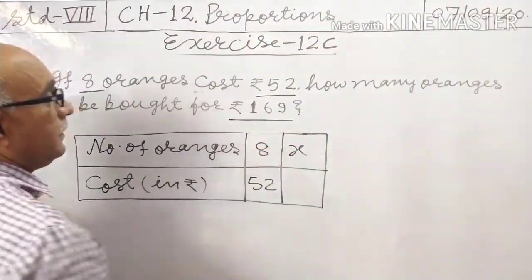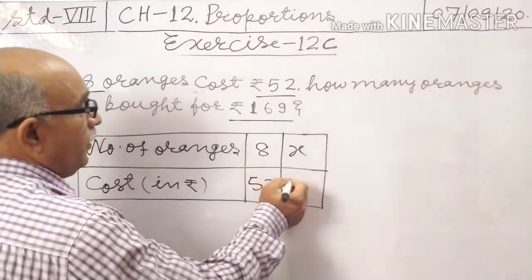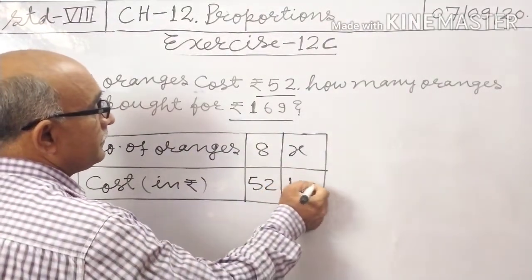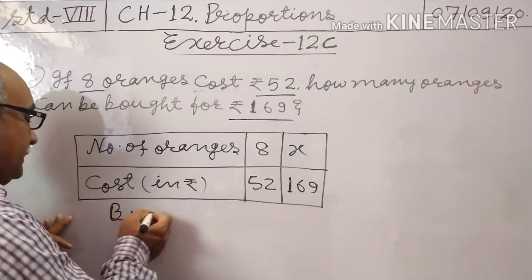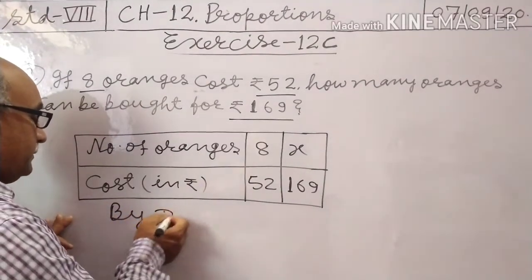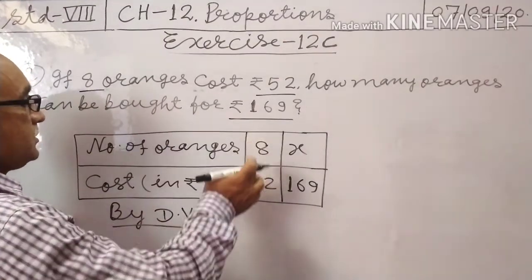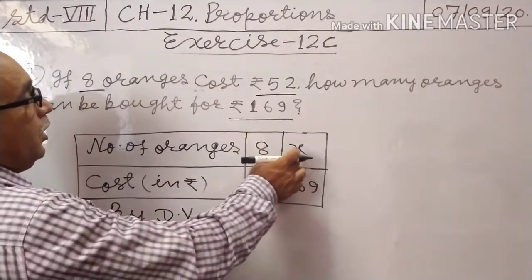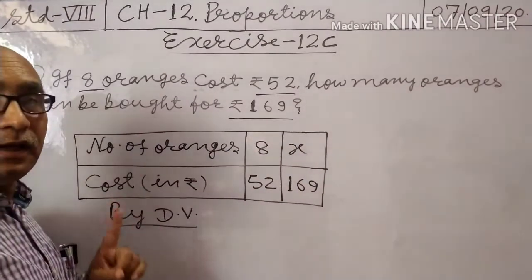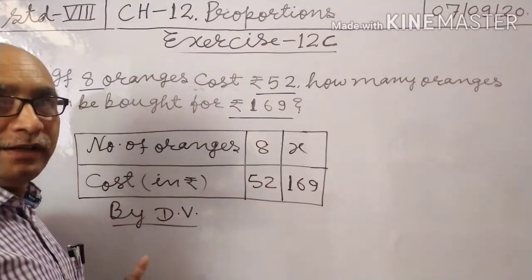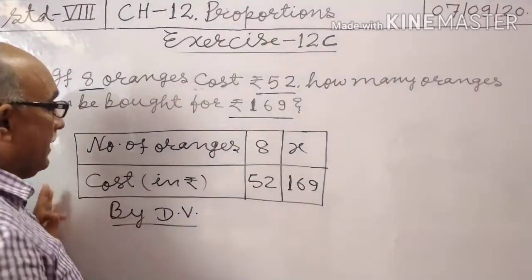So let the number of oranges be x, for rupees 169. It is in direct variation. Oranges increase, cost increases. Oranges decrease, cost decreases. One increases, other increases. One decreases, other decreases. It is known as direct variation.